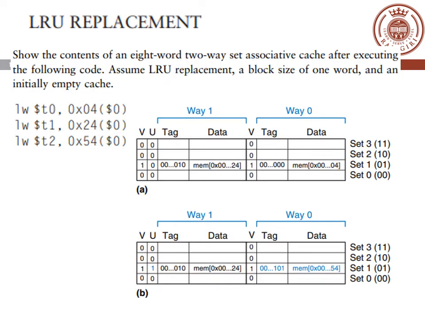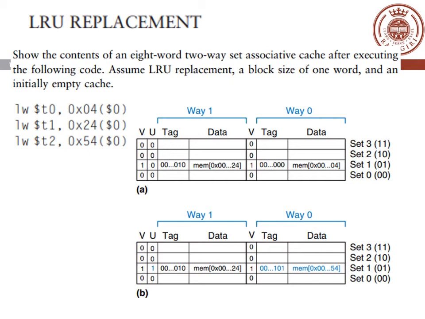In this example, you are using an 8-word cache, and you are using the two-way set associative cache method. Now you are using an LRU replacement algorithm. You can see a program at the left side. You are loading the contents from three locations.